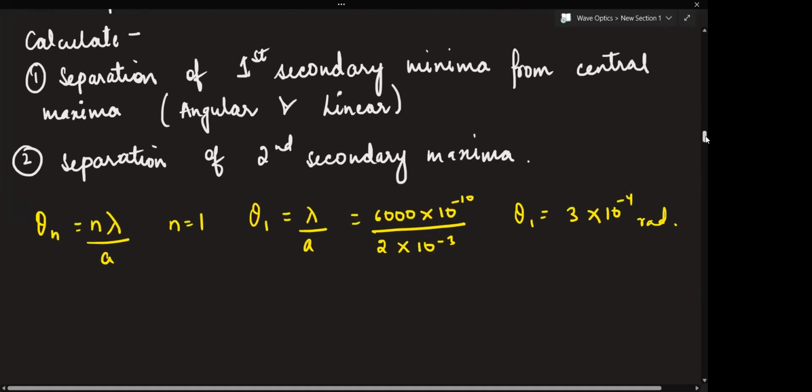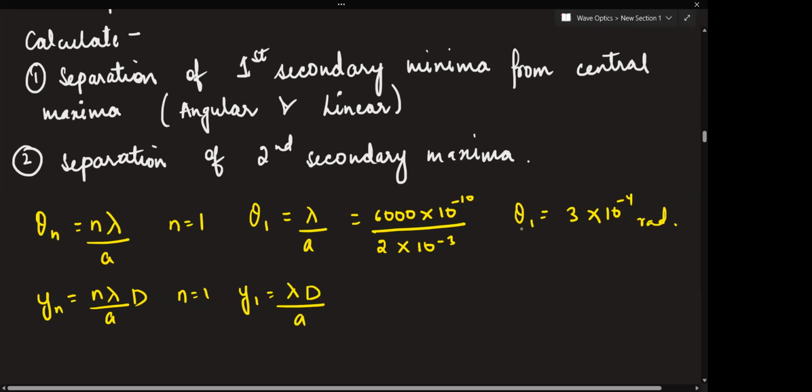Now it's not only asking us the angular separation, it is also asking us the linear separation. So linear separation is y. Y will be n lambda by a multiplied by D. Now we have the value of this, so we can simply multiply this term by D and get the answer. For n equal to 1, y1 will be lambda D by a. Now see, what is the value of lambda by a?